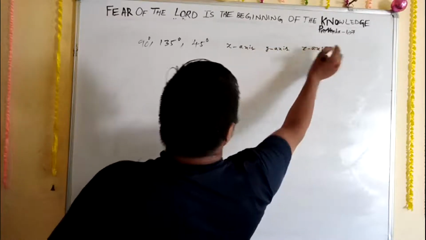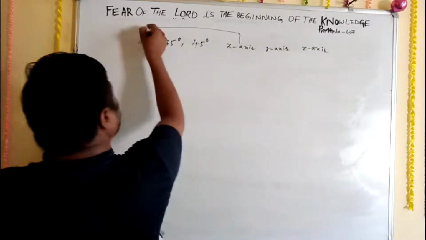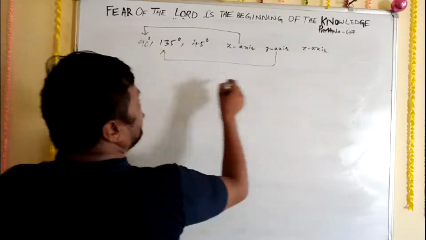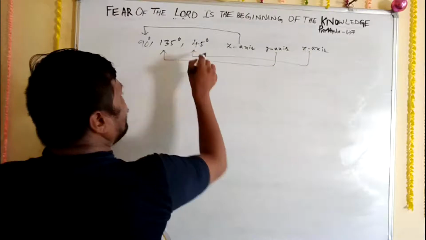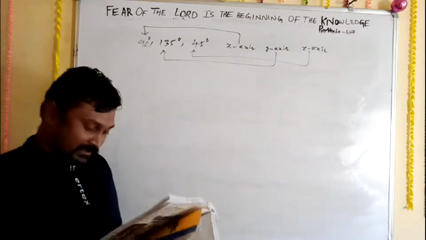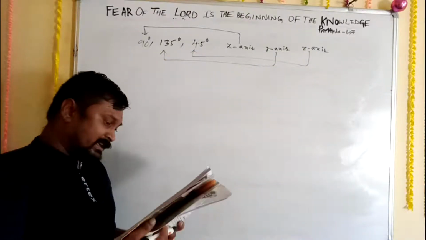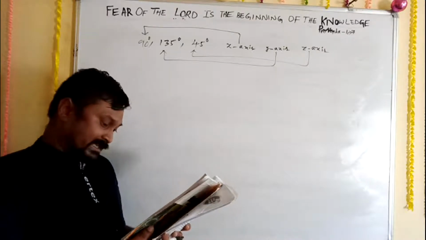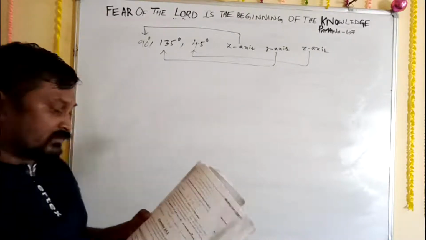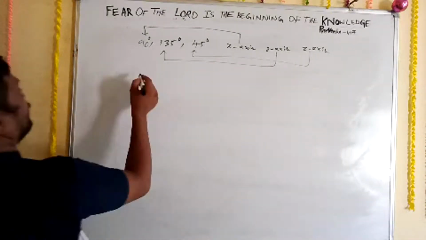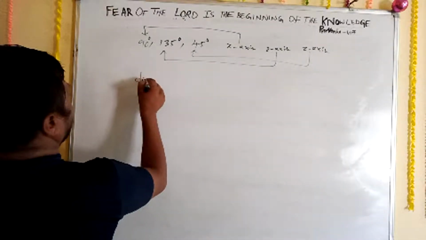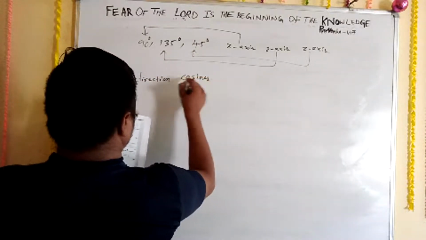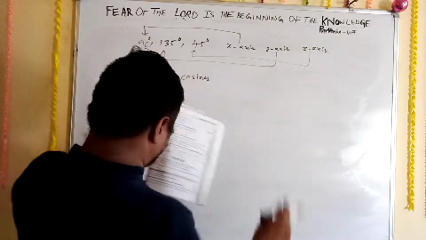So the x-axis angle is 90 degrees, the y-axis angle is 135 degrees, and the z-axis angle is 45 degrees, as given. And I need to find the direction cosines. So direction cosines I need to find.